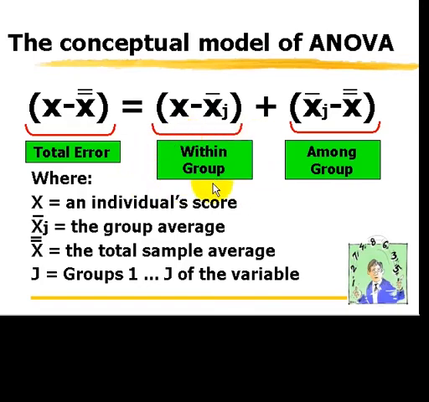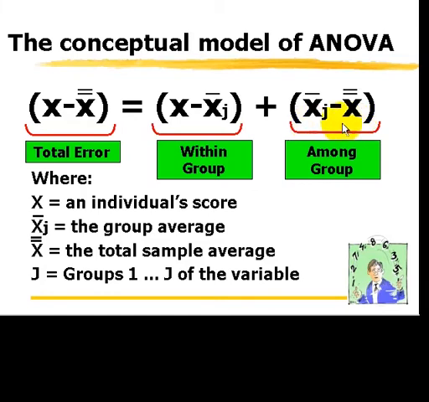Okay, this is what they would consider to be the mean squares error, and we'll get to that term in just a minute. This is the error amongst the groups. So what it does is it looks at the mean score of the group average subtracted from the mean score of the total sample average.